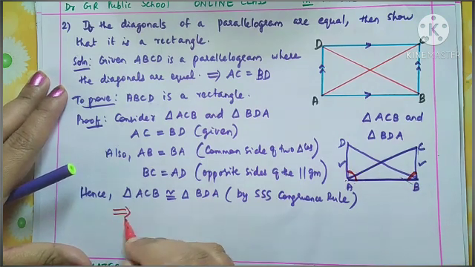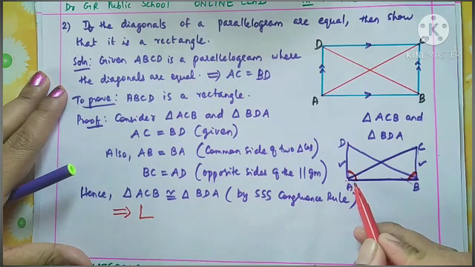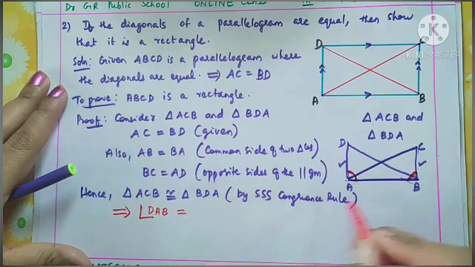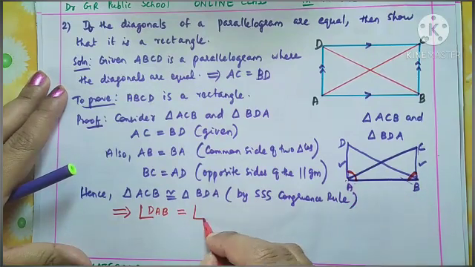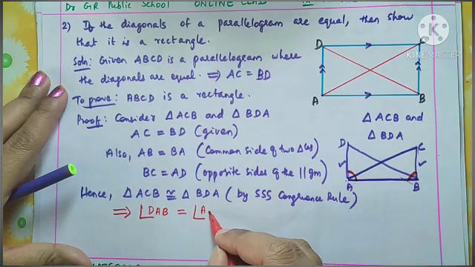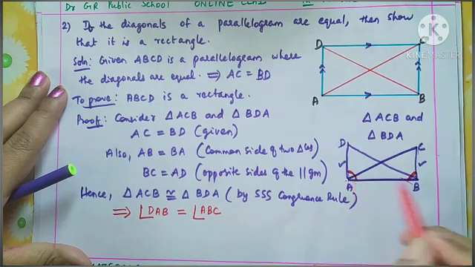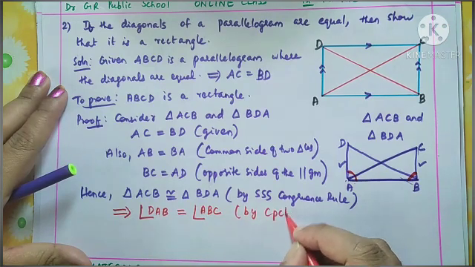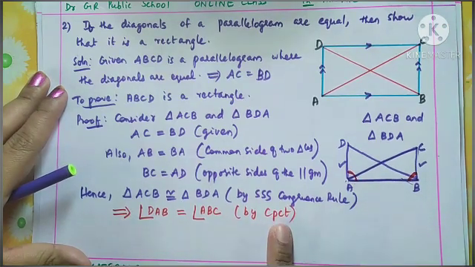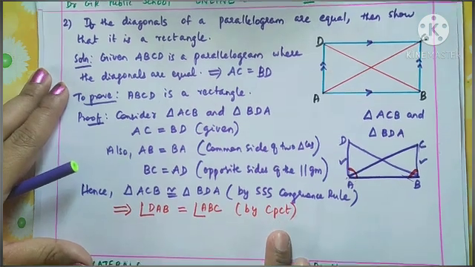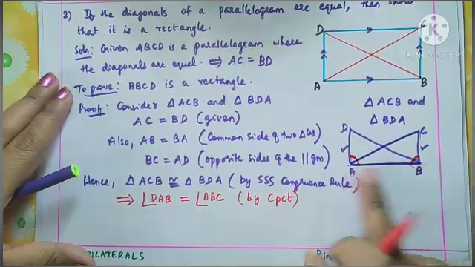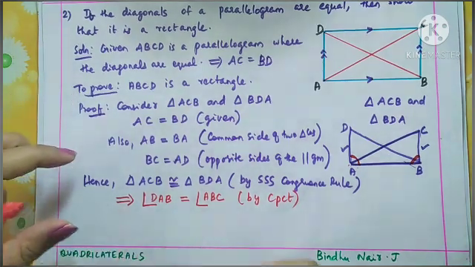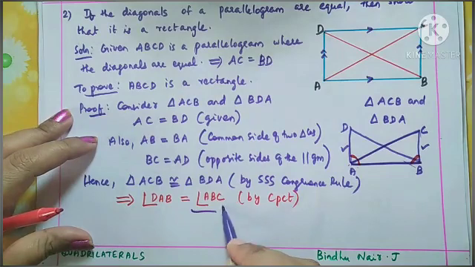So this implies angle DAB is equal to this angle, that is ABC. Yes, by CPCT. Okay, by corresponding parts of congruent triangles are equal, we studied, we can say these two angles are equal. Understand? So this you can take as one result, equation 1.